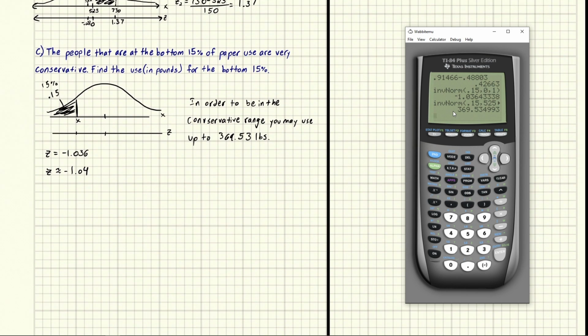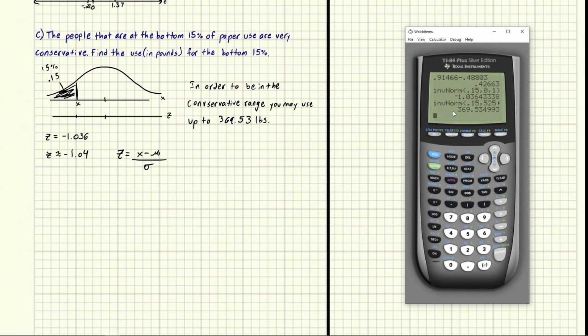still totally useful. And then we would need to say, well, normally z is equal to x minus the mean over the standard deviation. But in this case, we want to get the x value. We found the z-score. We need to find out how many pounds. So what we would do is multiply by sigma on both sides.